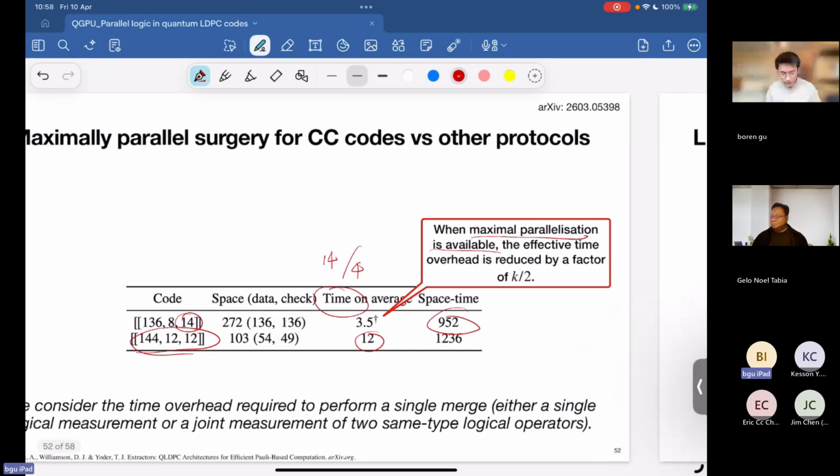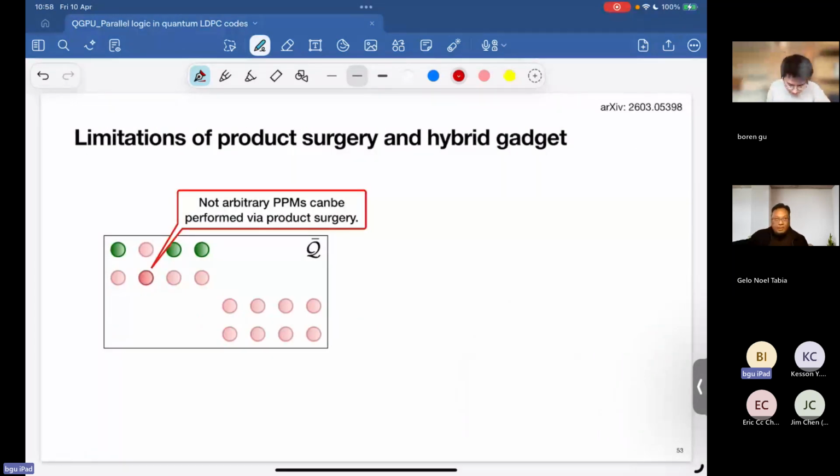Okay, so just one more sentence: there are some limitations of product surgery in these product measurements, because of this product construction of the connection maps. For example, if we look at these logical qubits, we are only able to measure the joint Pauli between the lightly pinked ones.